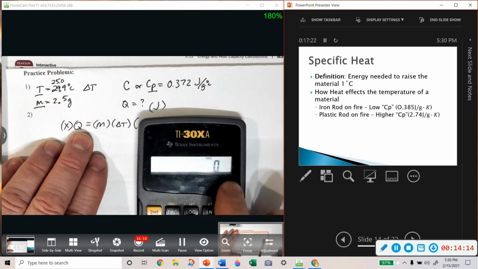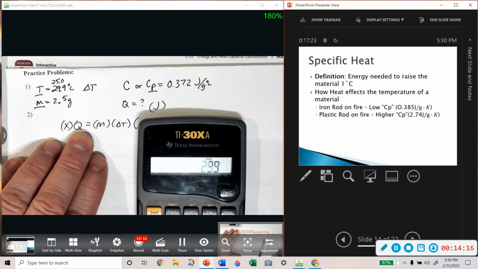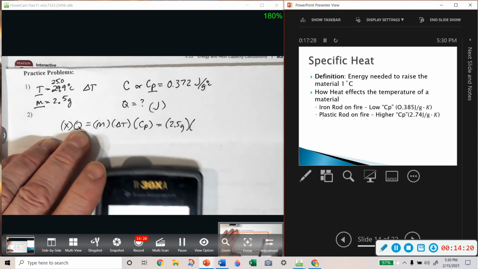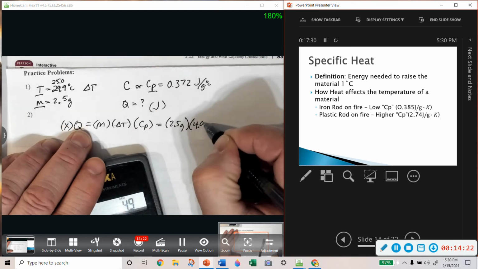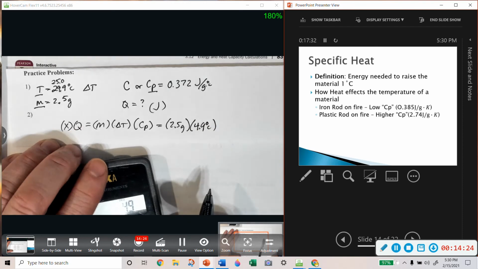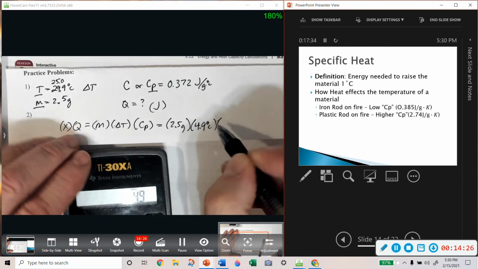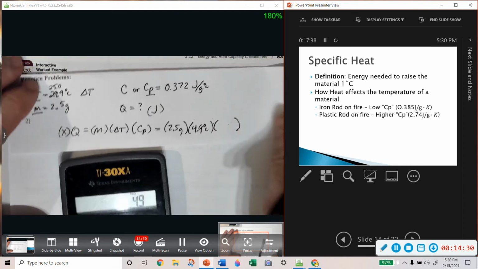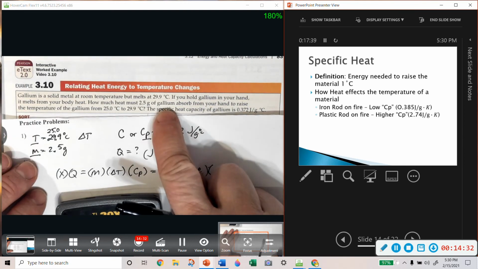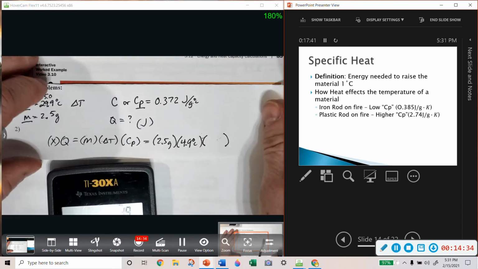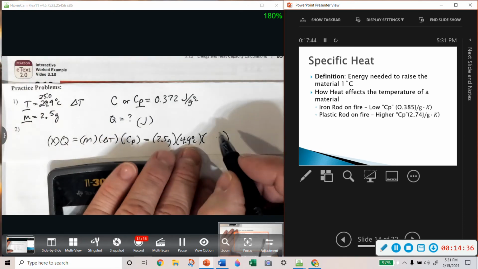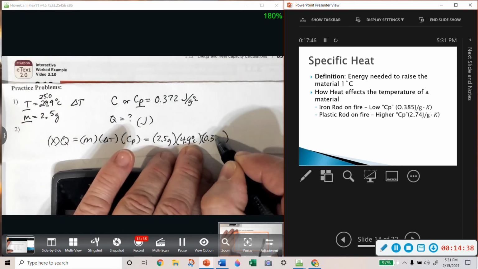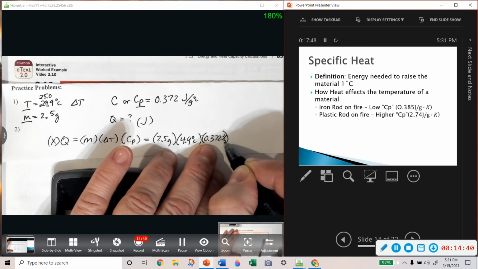So I would just take 29.9 minus 25, and I would put in 4.9 degrees, because that's how much the temperature is changing. Okay? And then I would put in my specific heat of the chemical we're using, and it happened to be this material, gallium. Okay? And so we plug our number in, and its value of absorbing heat is 0.372 joules per gram degrees Celsius.